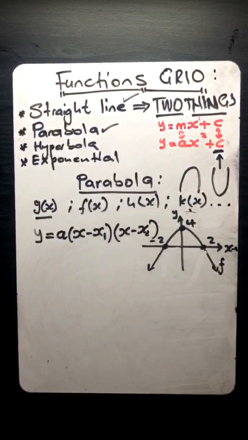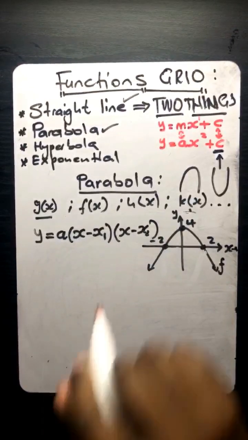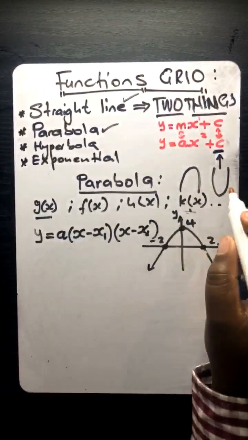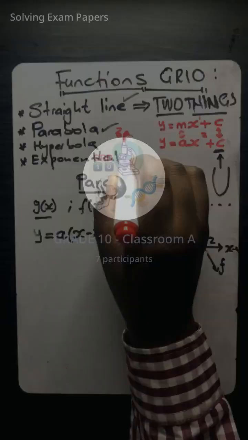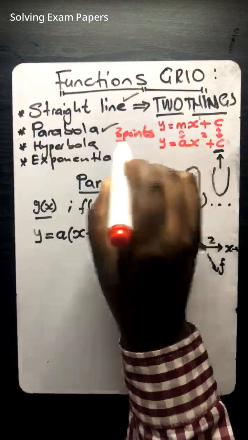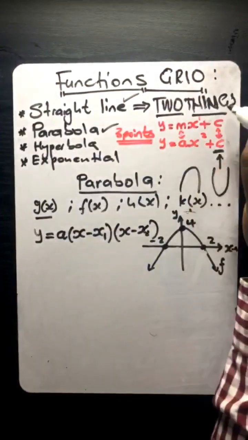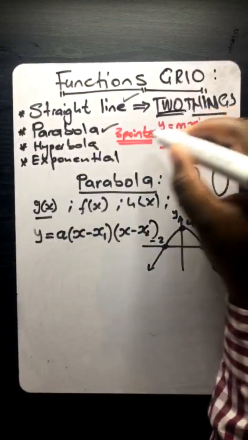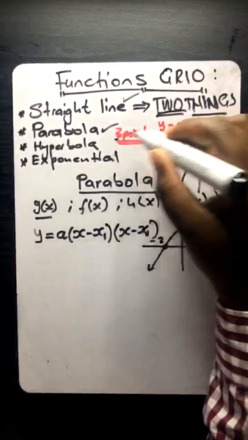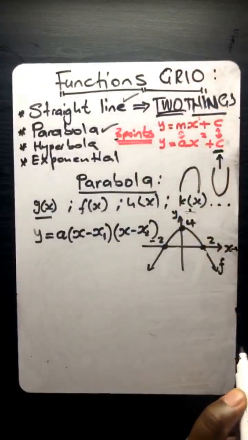Under a parabola, you might actually need 3 points, unlike a straight line where you only need 2 things. Here we need 3 things, namely the 3 points.